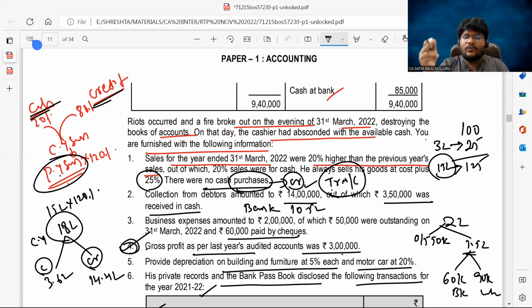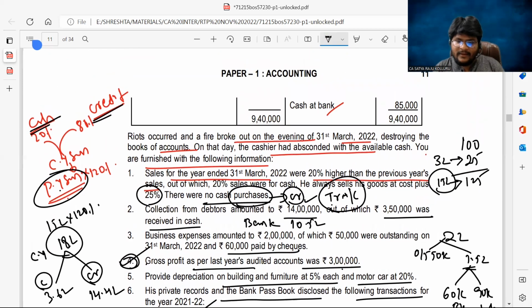That means debtors account, creditors account closing balances I will get through debtors and creditors accounts under working notes. Like this, my mind should travel after seeing the information from the problem. This is also first time I'm seeing the problem, like you only. But our analytical mindset will think like that, guys.